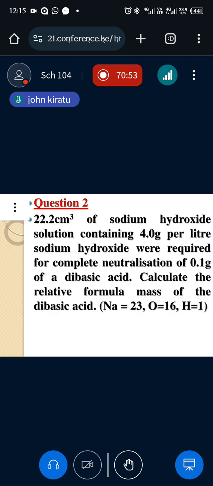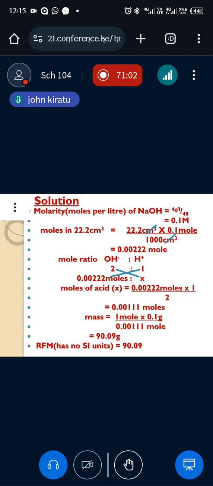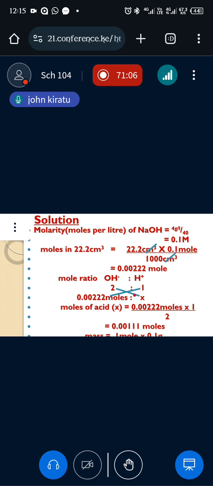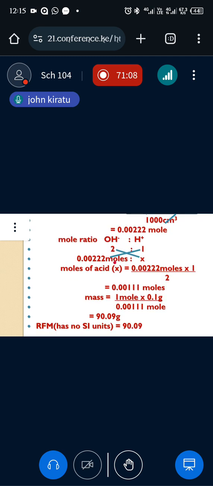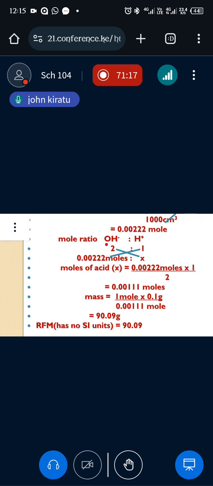So you already know how we can use volumetric analysis. You have done it before. What I have done is give you several questions with worked solutions. So I urge you, go and read the question, try to do it your way, the way your chemistry teacher taught you, and see if you can come up with the answer I've given.